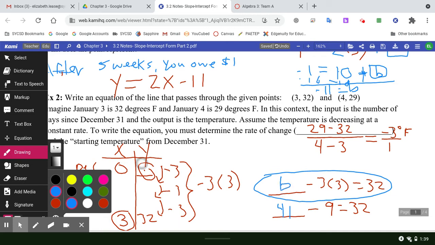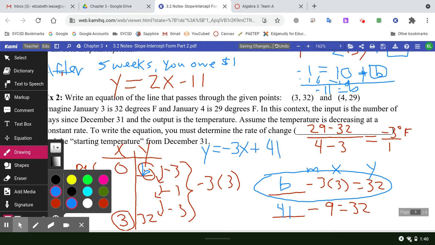Because this represents b. So b minus, and the -3 is really m, the +3 is x, and the 32 is y. So I now have my slope and my y-intercept. Therefore, the equation would be -3x plus 41.